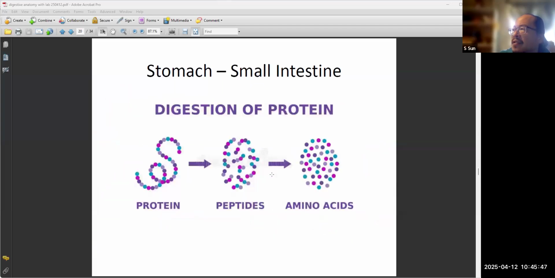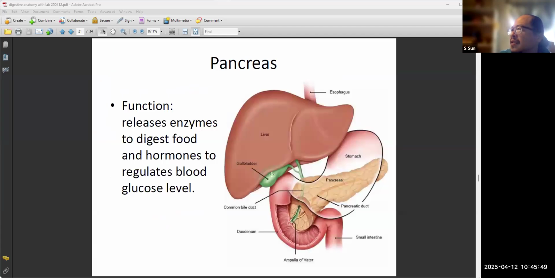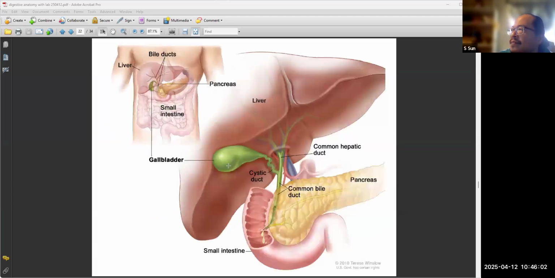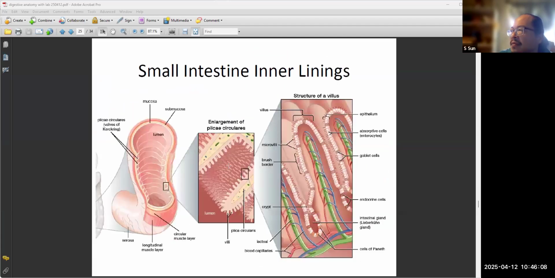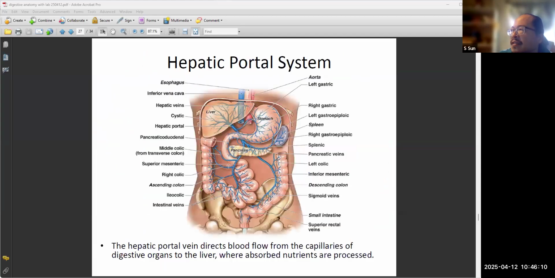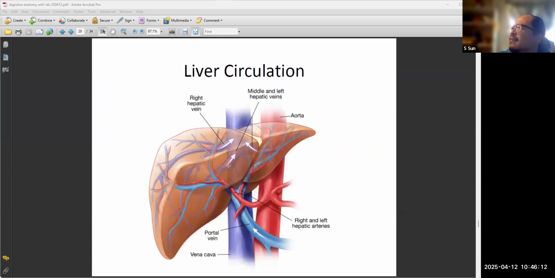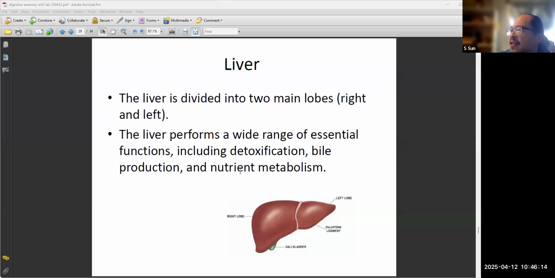So liver, where's liver? Here's the liver, right side, left side. When we look at the picture, it's like we are looking at your patient, so that's the person's right side, the person's left side. So liver again, bile, small intestine. All right. So I should have a picture right here.